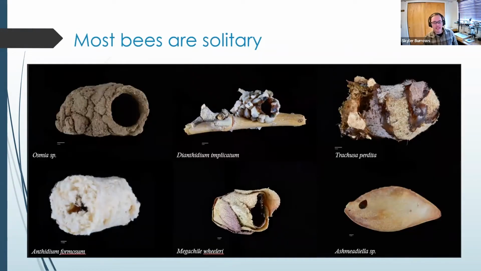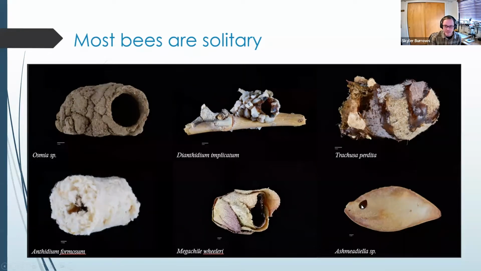So, and some examples of solitary bee nests. You can see they're really diverse. Some of them you might not recognize as a bee nest, and it's one of the things that's important when thinking about looking at cargo or things like that coming into the U.S. and where you might find a bee that's not native to the U.S. Some of these, they can just look like little cotton balls, some little bits of mud.